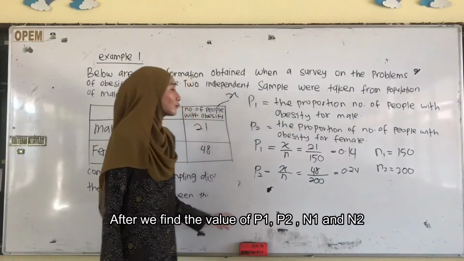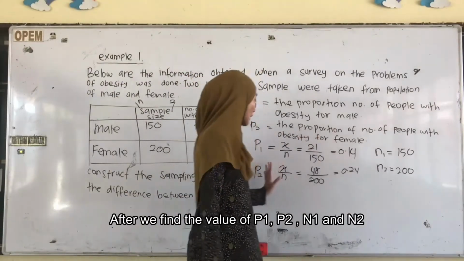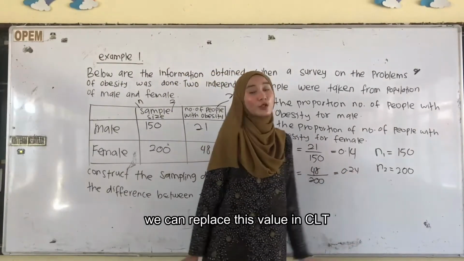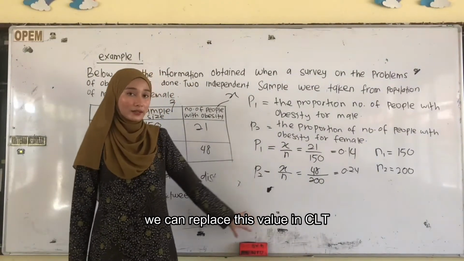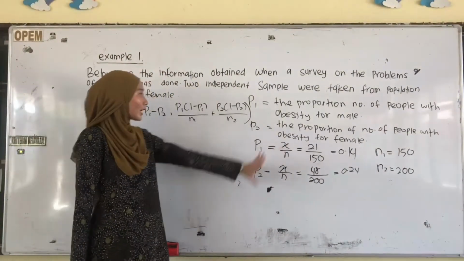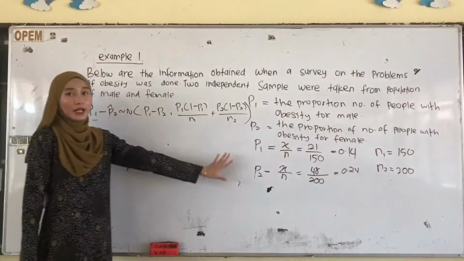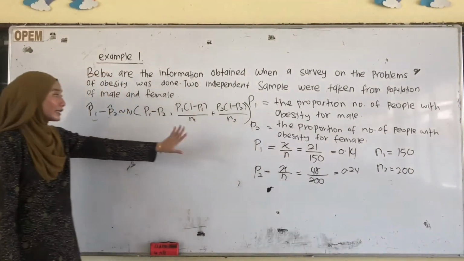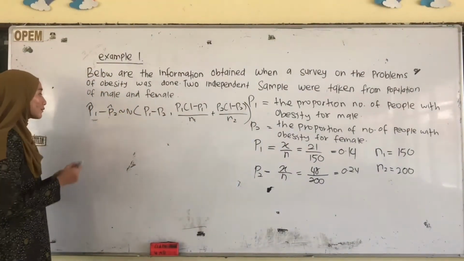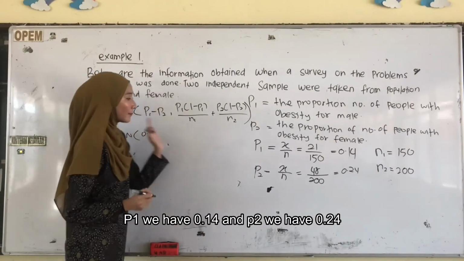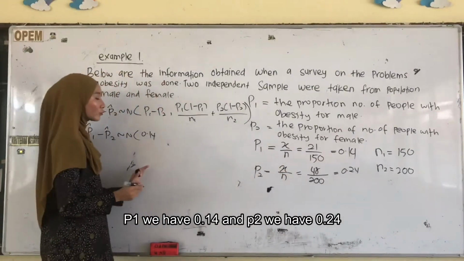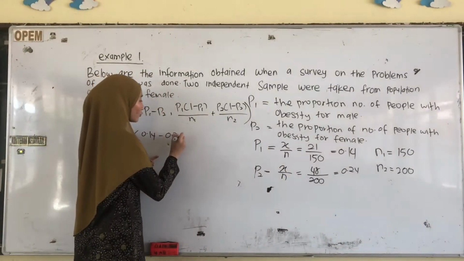Okay, after we find this P1, P2, N1 and N2, we can replace these values into the CLT. So we can replace the value of P1, N1, P2 and N2 in this CLT. P1 we have 0.14 and P2 is 0.24, so minus 0.24.